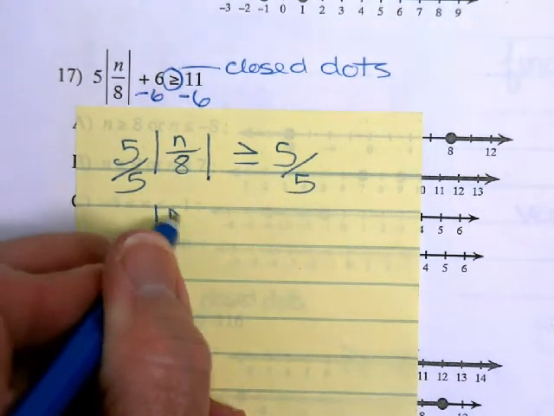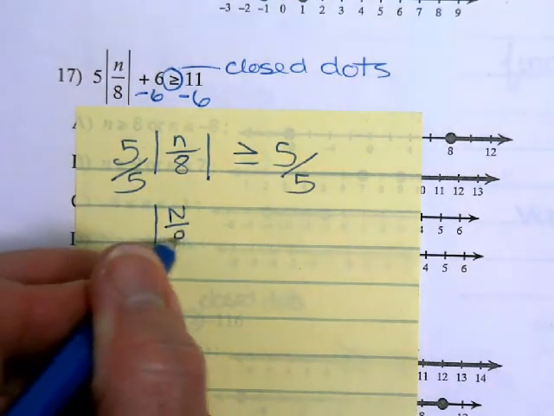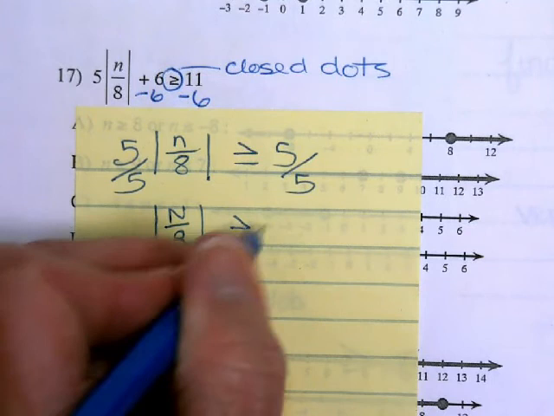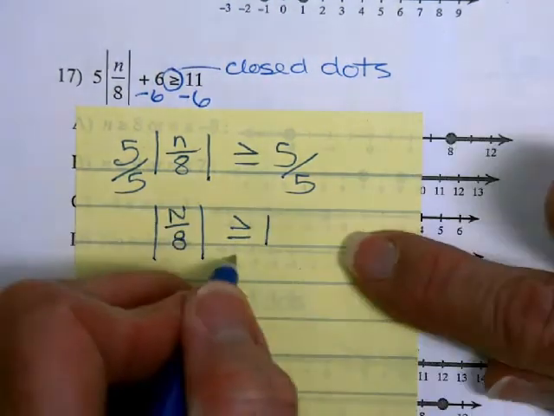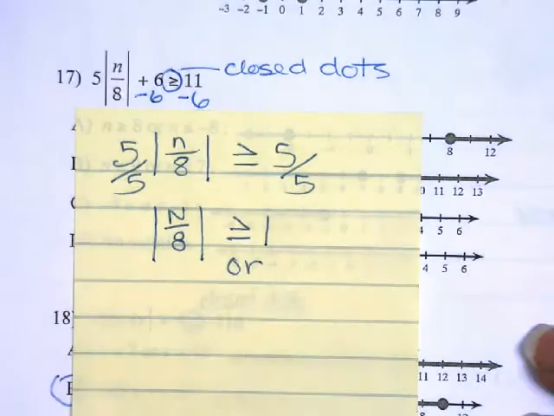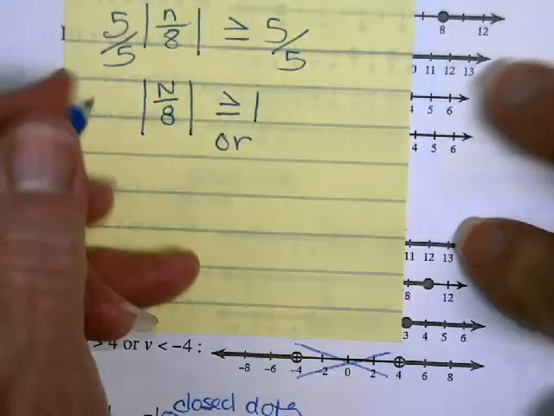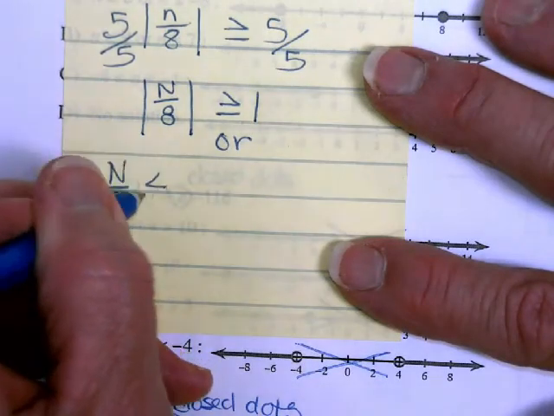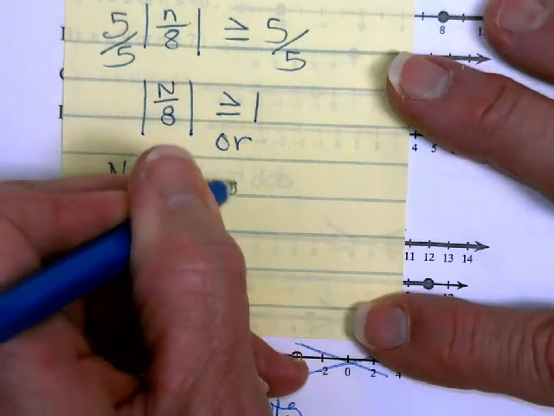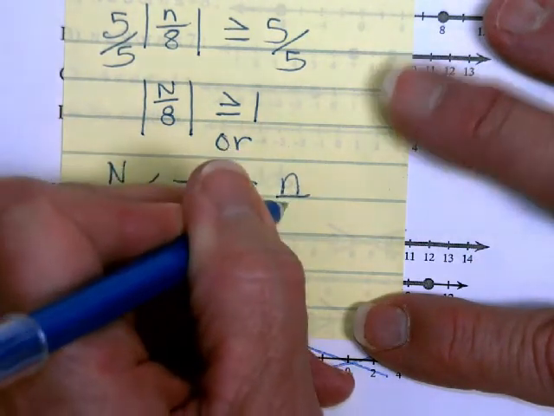Oh, divide by 5. Know your algebra. It's a positive number, so you keep going. Greater or equal. That will help. Your answer is going to have airplane wings. Switch, switch.